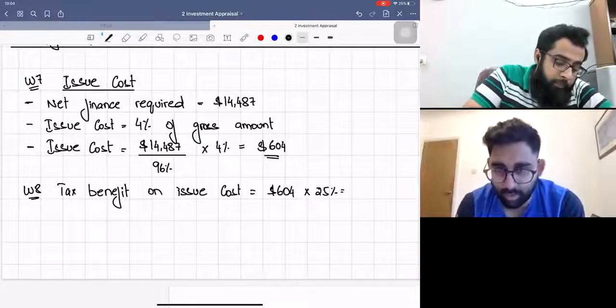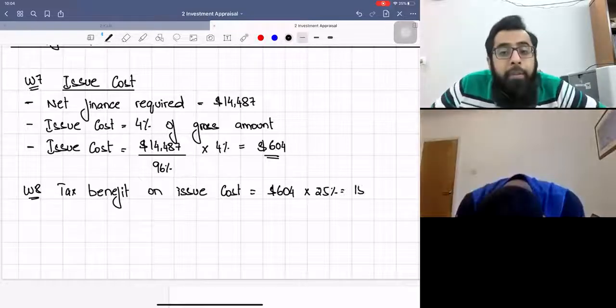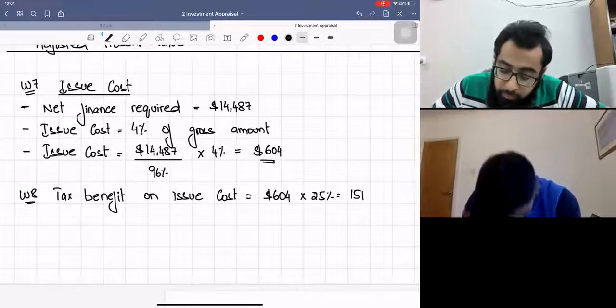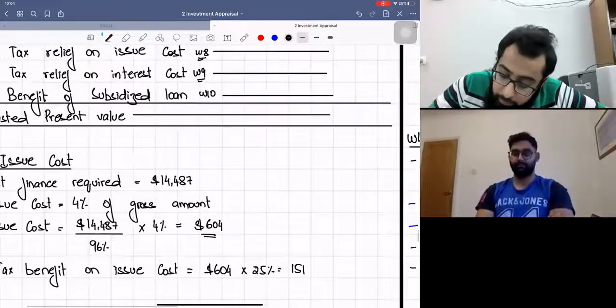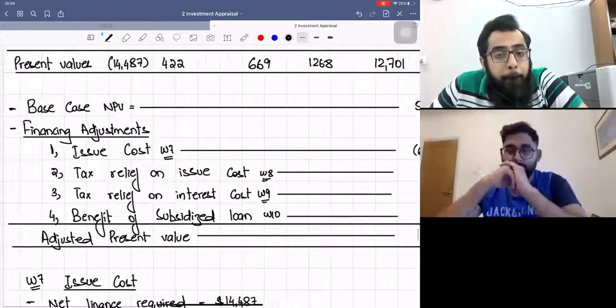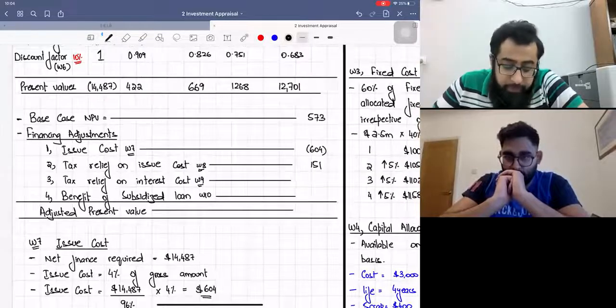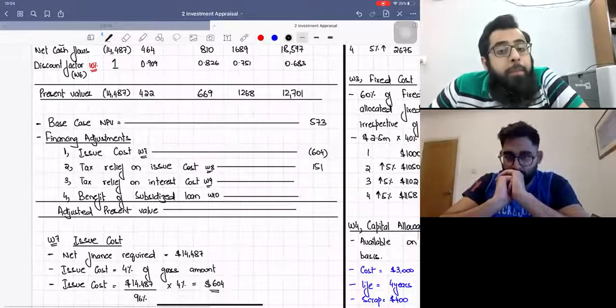That 604 is obviously in thousands. So the tax benefit on issue cost is 151. That's the tax relief. Done? Now let's think about the tax relief on the interest cost.